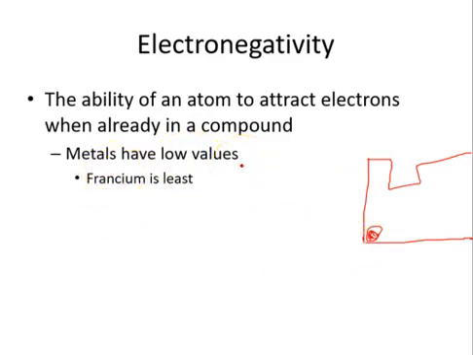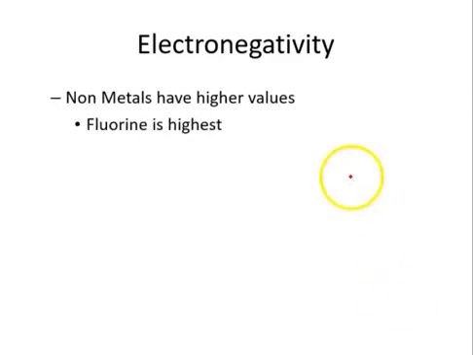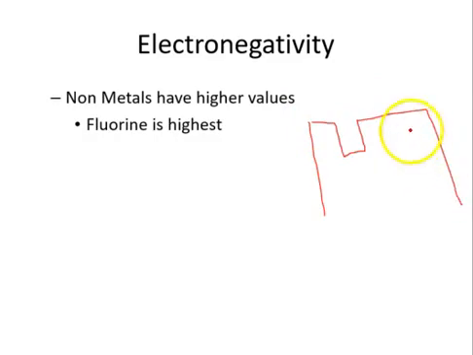Electronegativity values are listed on the back of your periodic table. So if you flip over your periodic table, you'll see francium's electronegativity value is 0.7. Okay, so that is its electronegativity value, and it's in Paulings. Nonmetals have larger electronegativity values, and fluorine is the highest of the electronegative elements.